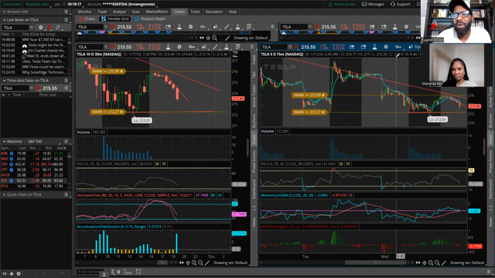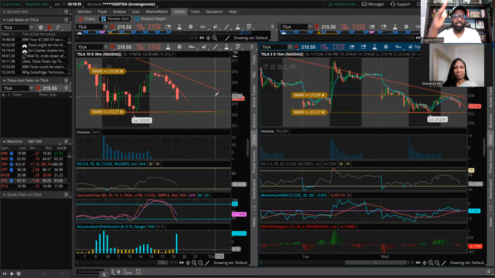So where to buy it? I don't know. It wouldn't be a buy. It hitting the 212 doesn't appeal to me. The upside to 215 doesn't appeal to me. I need to wait till this thing breaks through this downward trend, that resistance. And that is how you kind of work through top down, monthly down to, okay, where would I enter it to arrive at what gives you the best chance to make money?